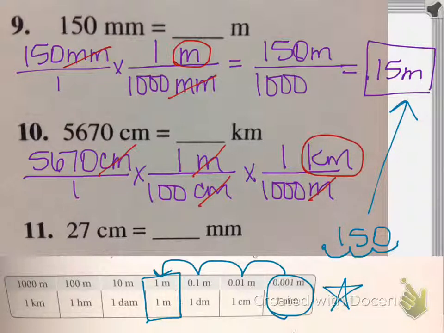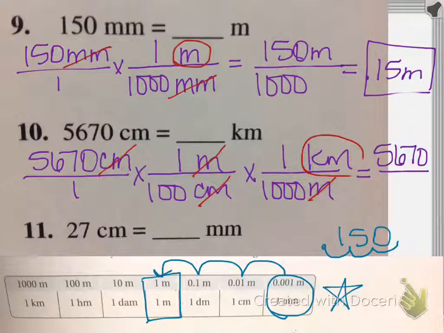So now what we're going to do is the math. Let's multiply across. So that's going to give me 5,670 times 1, so 5,670 over 100 times 1,000. So that's really going to be a 1 with 5 zeros.